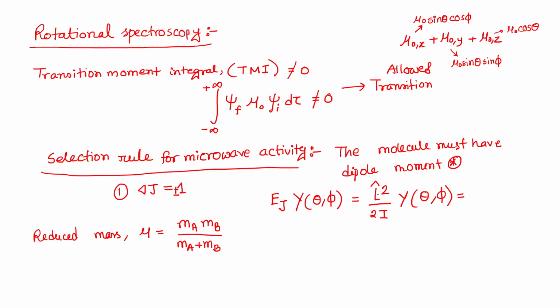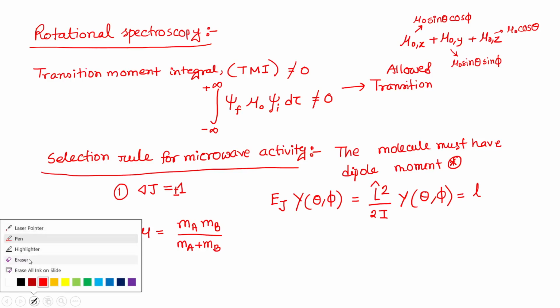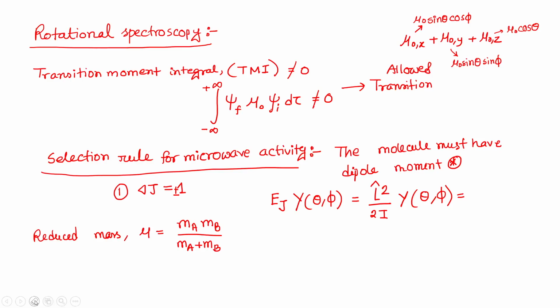When L square of the total angular momentum operates on the spherical harmonics, that gives us L. For rotational spectroscopy, we are going to write it as J into J plus 1 h cut square, and obviously divided by 2I. Now this is in SI units.